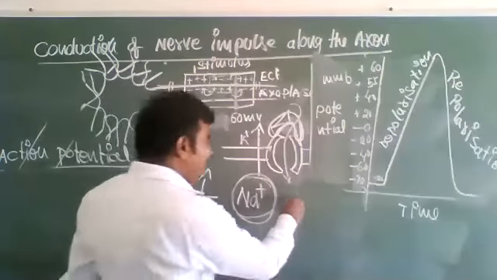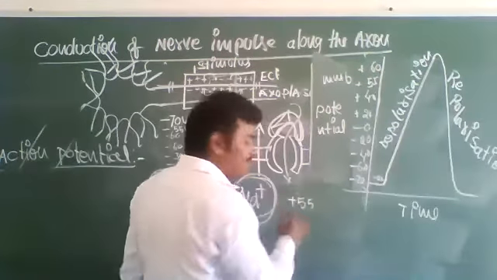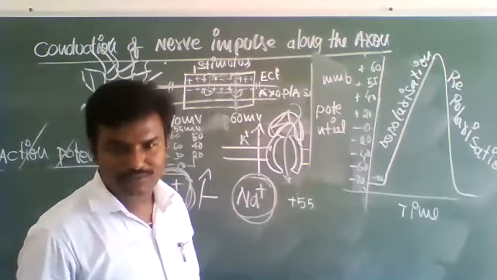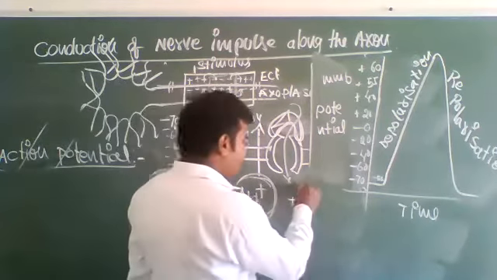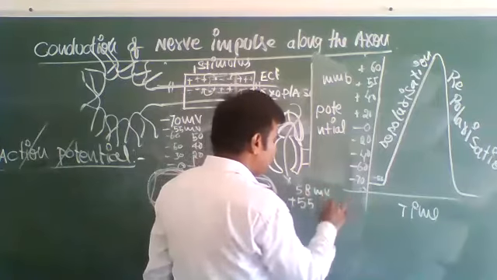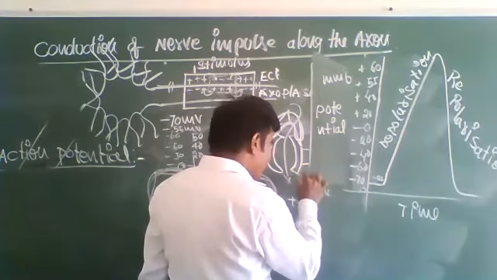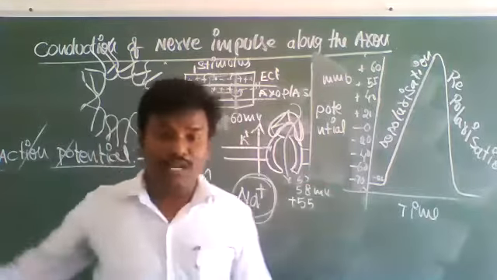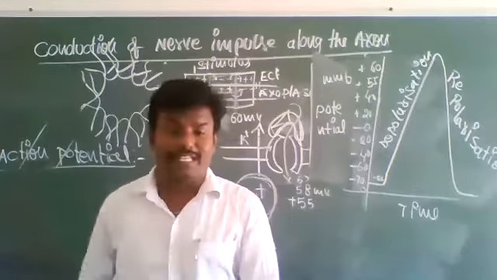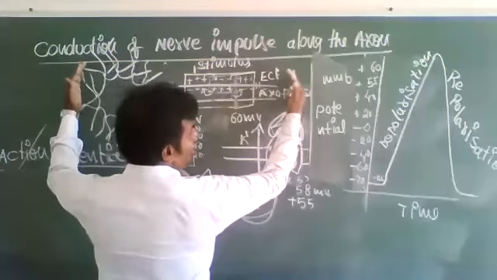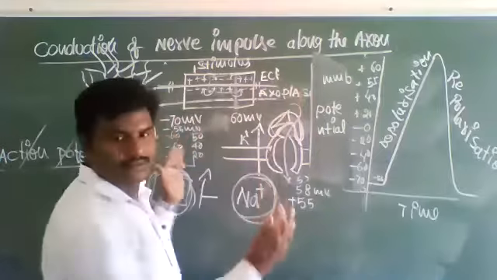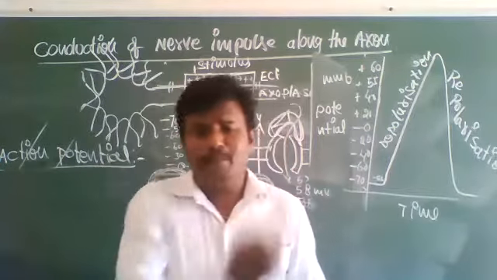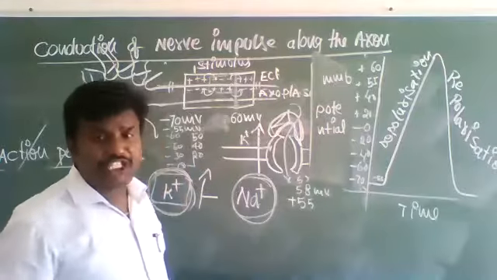How much? Maybe 55 millivolts, or 58, or 57, like that. If we take another neuron, it may show a different value, but within one neuron the action potential is the same.